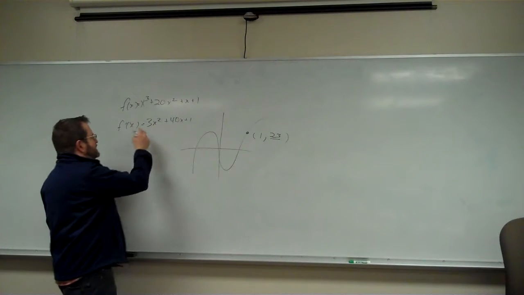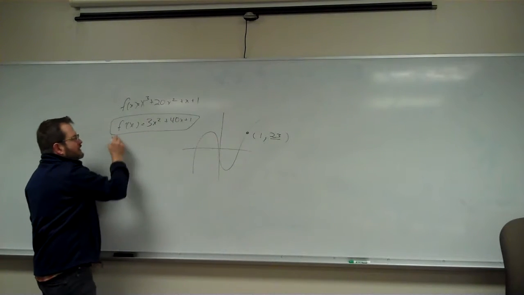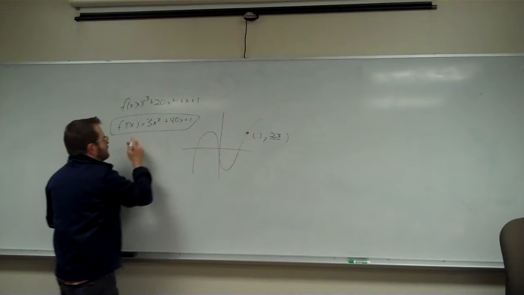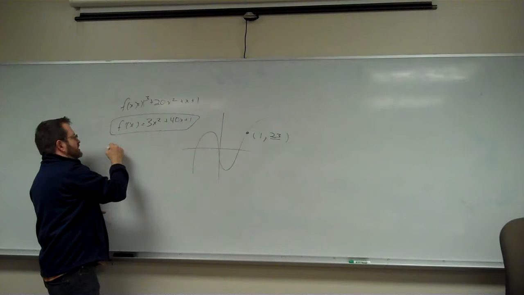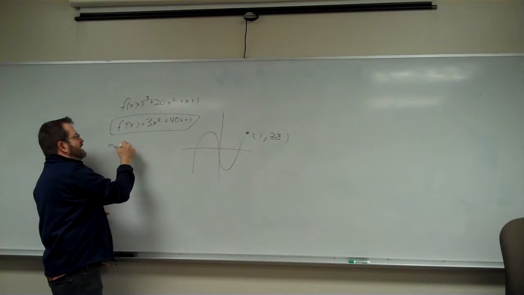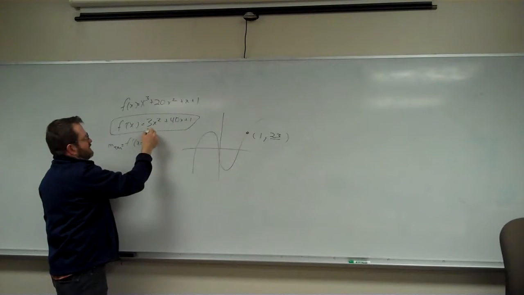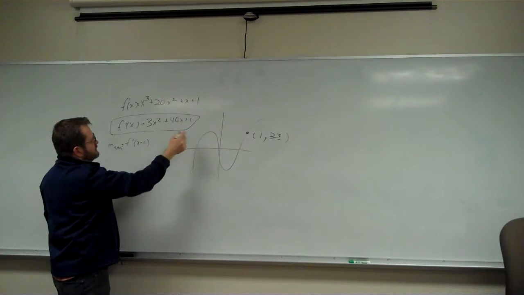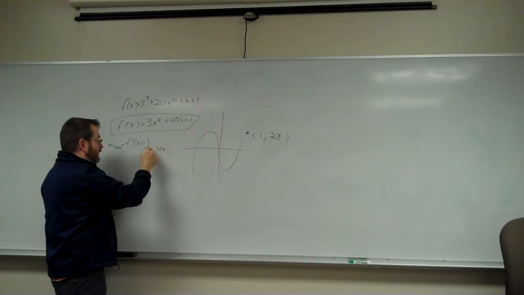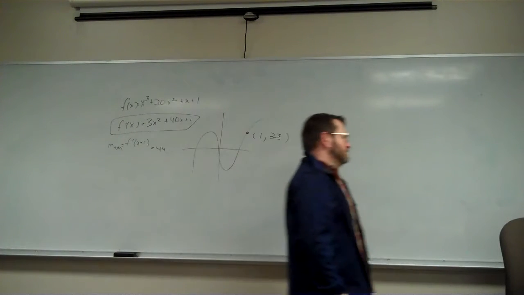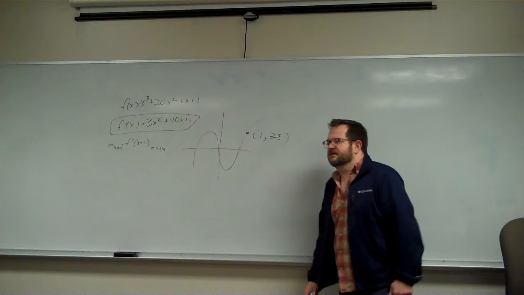So this is the derivative. At the point x equals 1, the slope of the tangent line will be f prime of x when x is equal to 1. That'll be 3 plus 40 plus 1, so apparently it's 44. That's a very steep line.